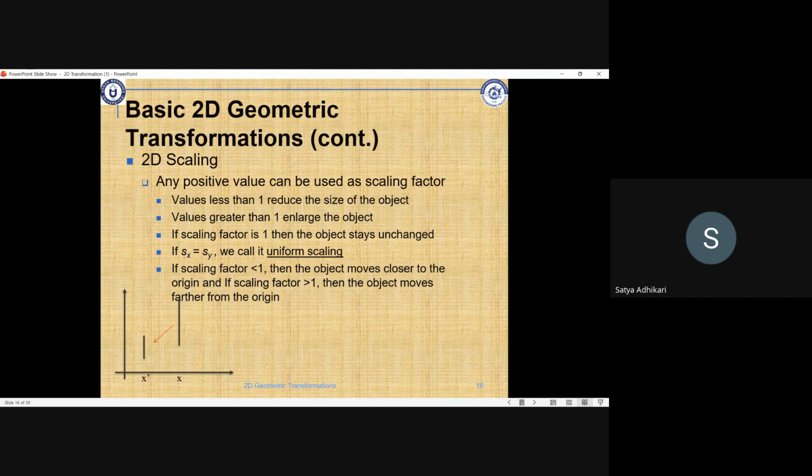So from the picture we know that the size of the object decreases, and you see that the object is now closer to the origin. Initially it was x, now x dash; the size decreases and it becomes closer to the origin.